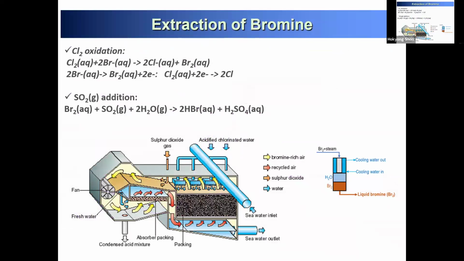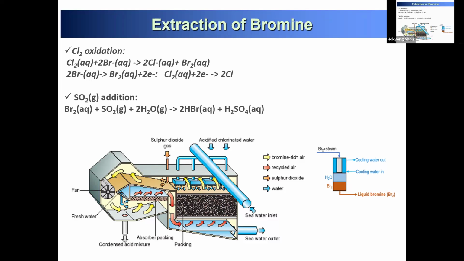Also bromine. So bromine concentration is 50 milligrams per liter. When you put in chlorine, they oxidize the bromide ion to bromine, Br2. So this is a gas, and this gas can also be utilized with sulfur oxide.